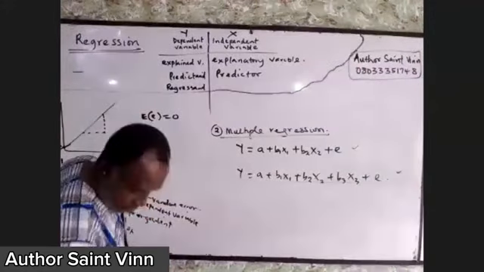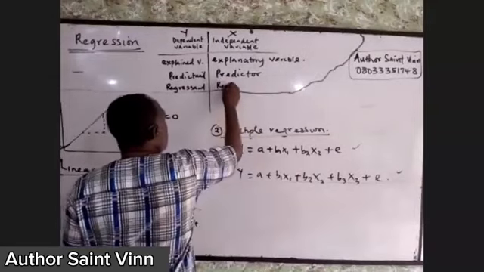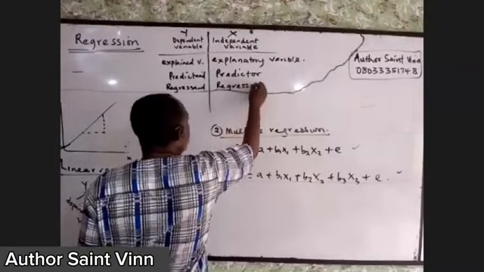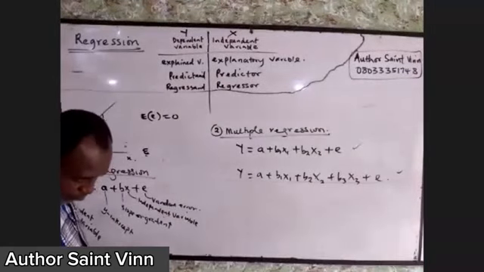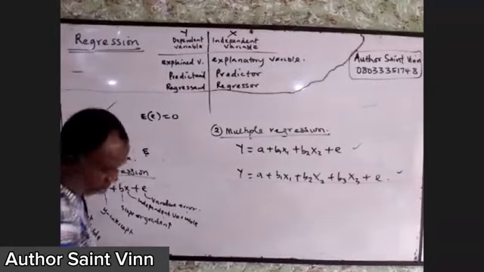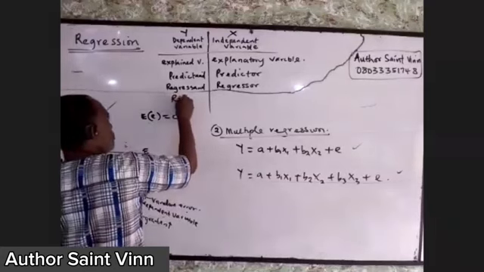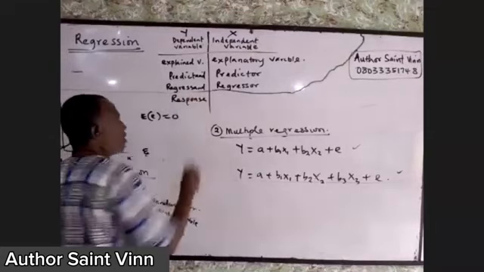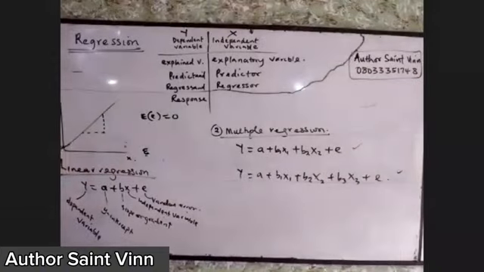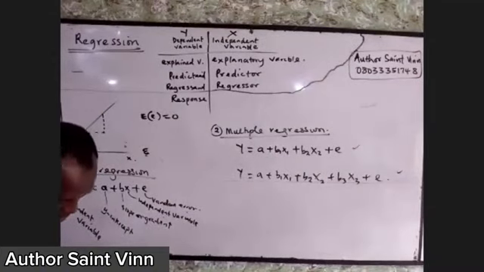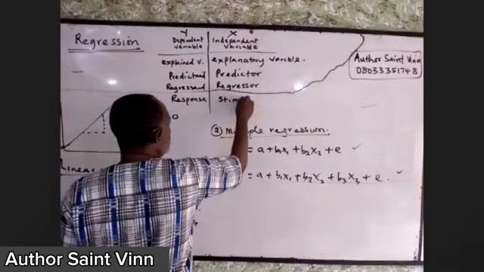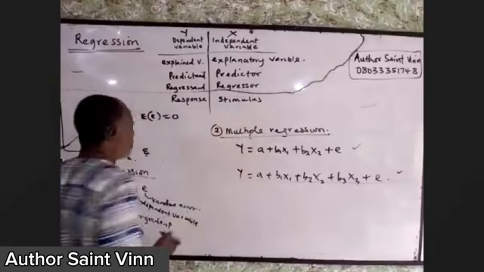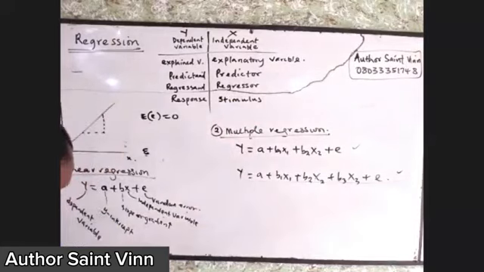Another one is the regressor. This one is the response, and this one is the stimulus. These are other names you can give them.